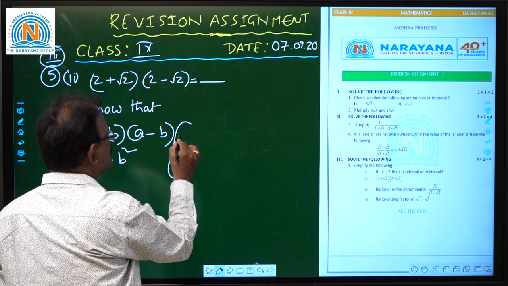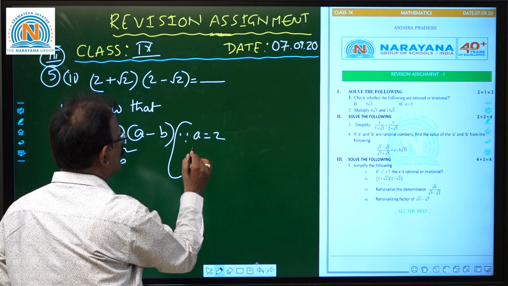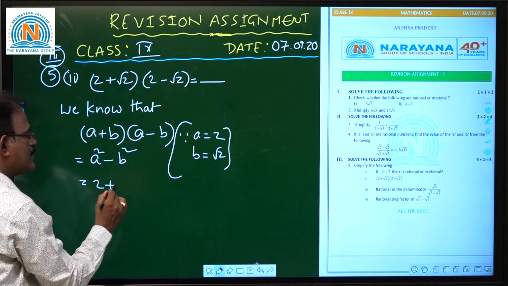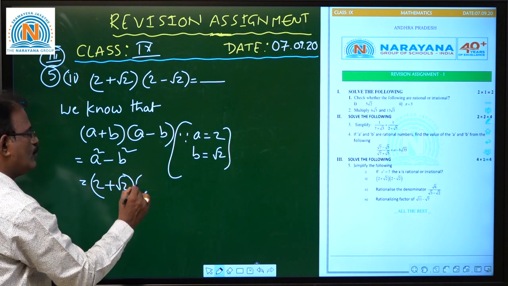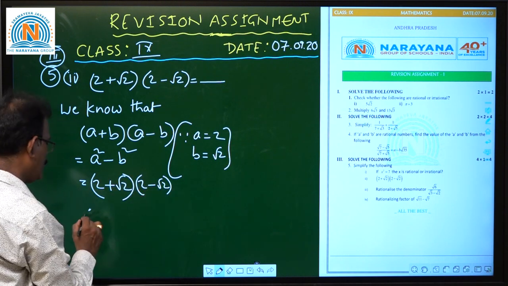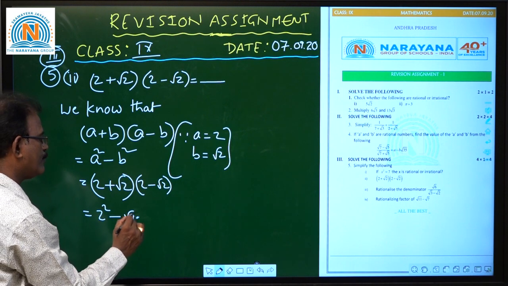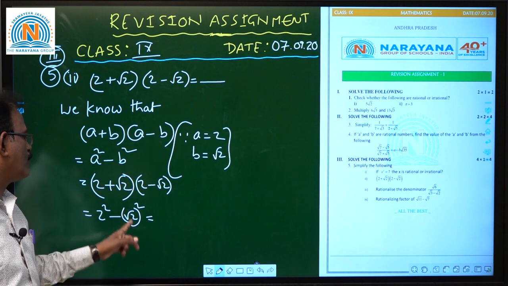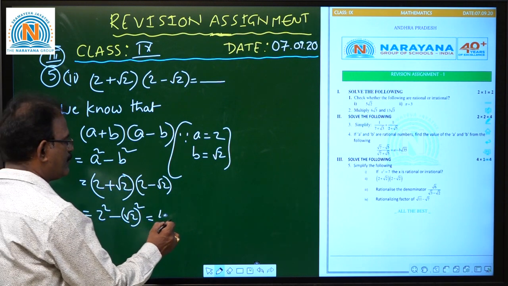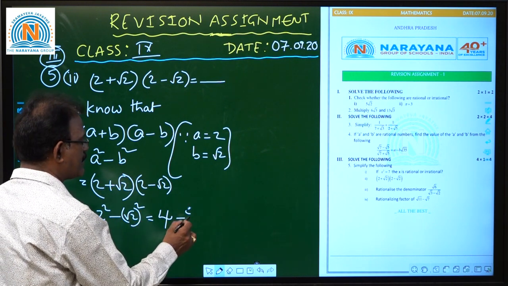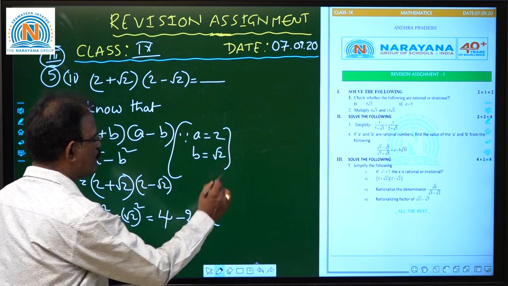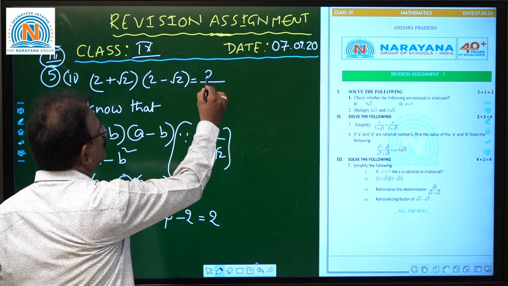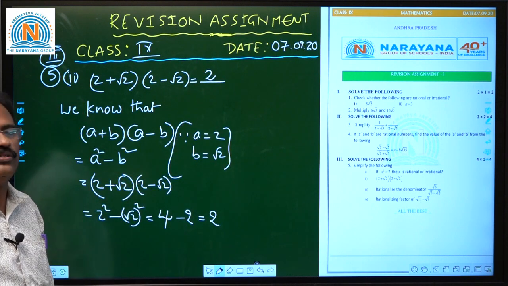Here, by considering a is equal to 2 and b is equal to root 2, then 2 plus root 2 into 2 minus root 2 is 2 square minus root 2 whole square. A equal to 2, b equal to root 2. 2 square is 4, and the square root gets cancelled with the square, so finally that value becomes 2. So what is the value of 2 plus root 2 into 2 minus root 2? The value becomes 2, children.